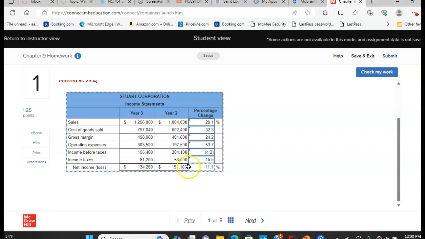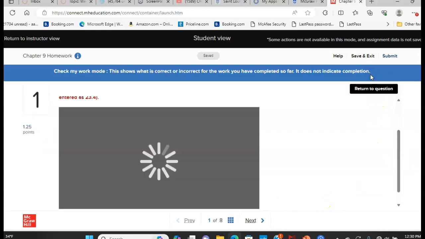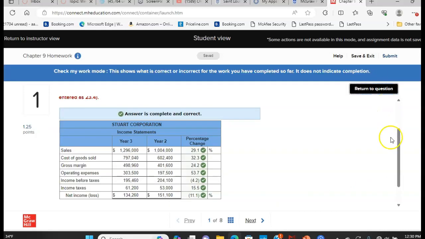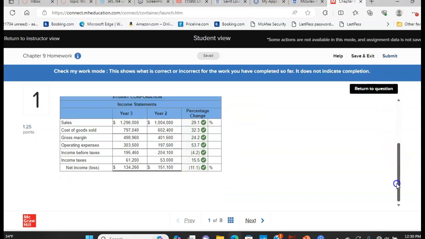Teaching moment, that should have been a negative 11.1% because the net income decreased. So now we check our work. Everything is accurate.